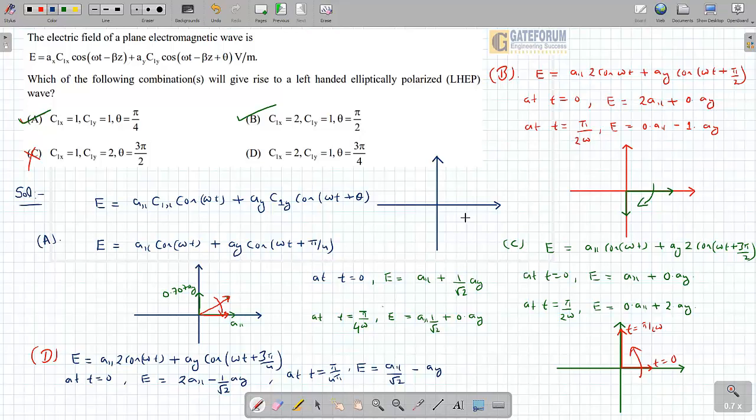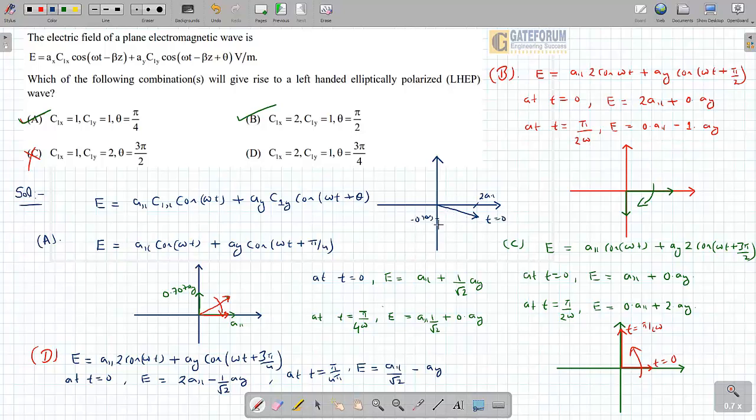That point is somewhere here. You can write somewhere here. Okay. This is 2Ax, minus 0.707 Ay. This is at t equal to 0. t equal to pi by 4 omega.